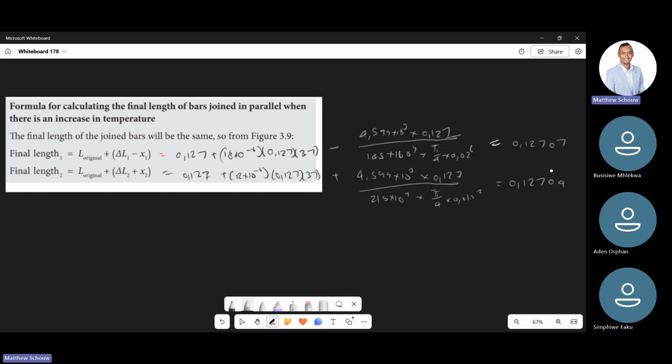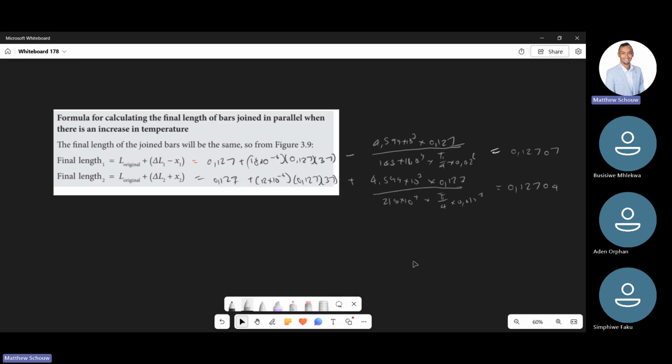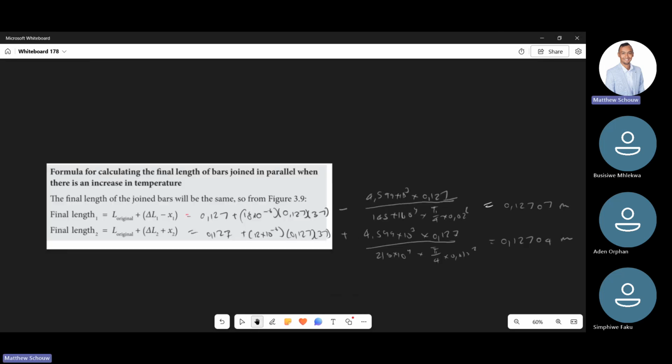I'm just doing the second one as well. Yeah, okay, it's not exactly, but it's close enough. And obviously this is in meters. Just feeling a bit sus with this, but anyway, that's okay.